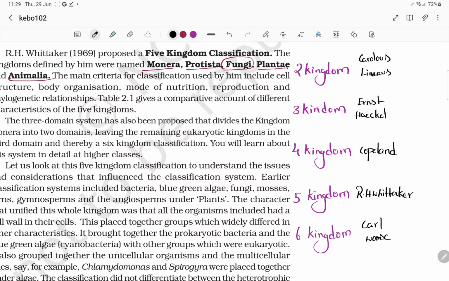And let's talk about how they divided these kingdoms. We already know, very simple, it's 2: Kingdom Plantae, in which he included bacteria, fungi, algae, bryophytes, pteridophytes, gymnosperms and angiosperms, and Animalia.